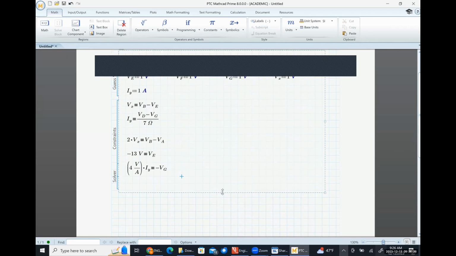So let's do that first KCL at our supernode equation. Somebody start rattling off stuff and do it slowly because I'm a slow typer, please. Yeah, so it was VA minus. All right, and then we had negative 8 amps, if I'm not mistaken.